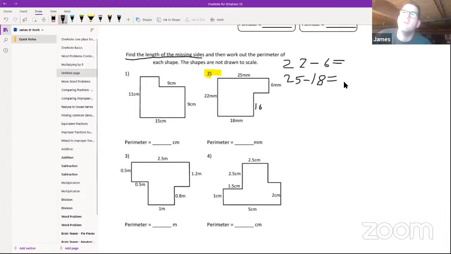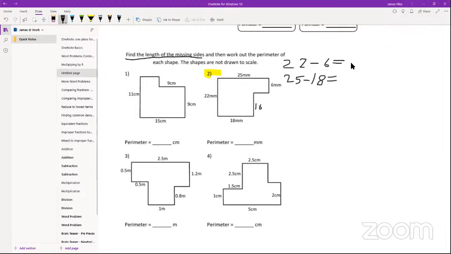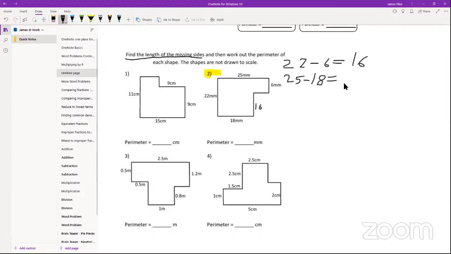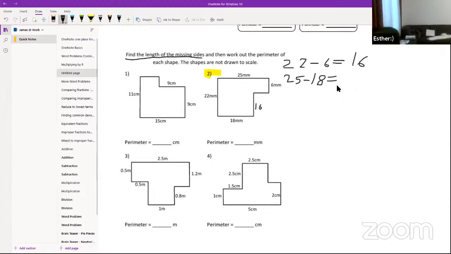What does that equal? Oh, so we would take away the 1. 18, 17, 16, 15, 14, 13. 13?